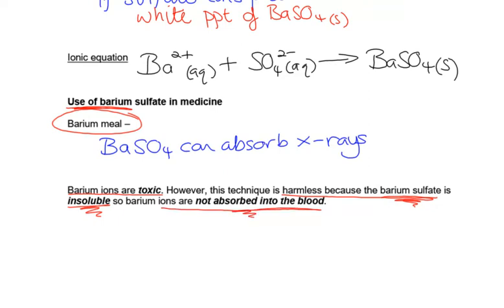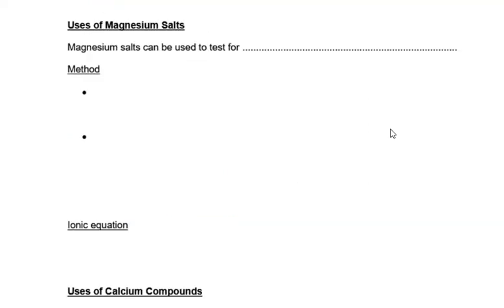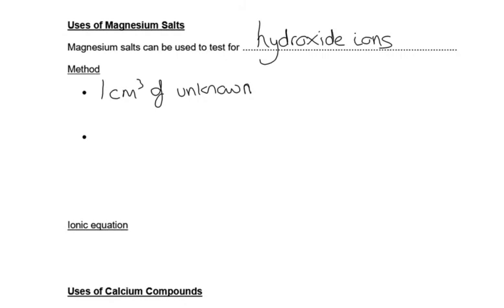So having looked at the use of the barium salts, in particular barium sulfates and barium chlorides, we're now going to have a look at the uses of magnesium salts. Magnesium salts can be used for the test for hydroxide ions. So firstly put 1 cm³ of your unknown solution into a test tube. Add 1 cm³ of your magnesium chloride. Again, you might see this demonstrated to you.